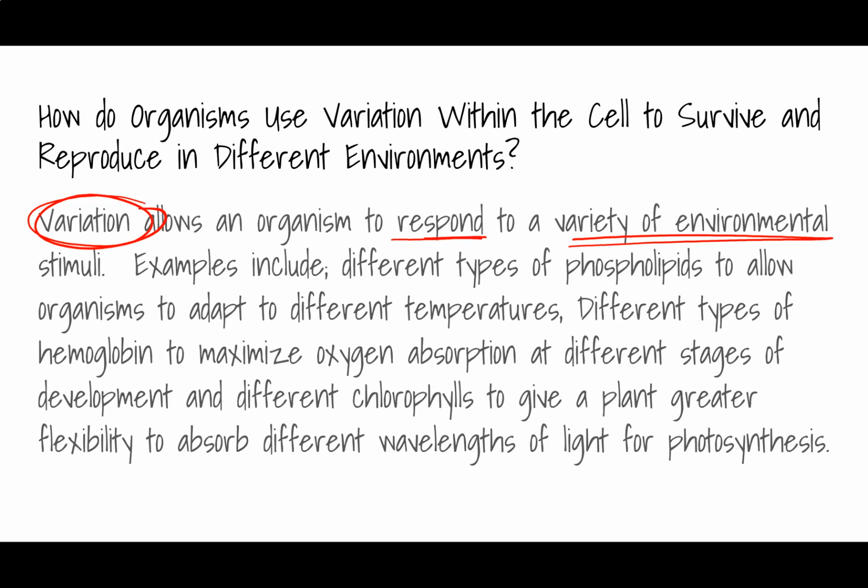Different types of hemoglobin may be used in different kinds of organisms. A whale has a different setup than a human does. And in the world of plants, the different kinds of chlorophylls will deal with different wavelengths of light depending on the availability. So there's a lot of variation that's going to help cells survive.